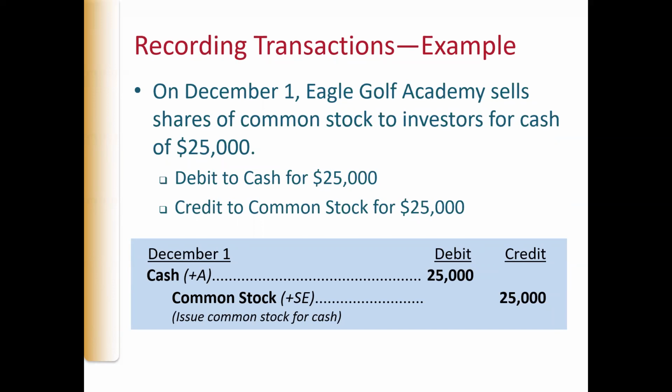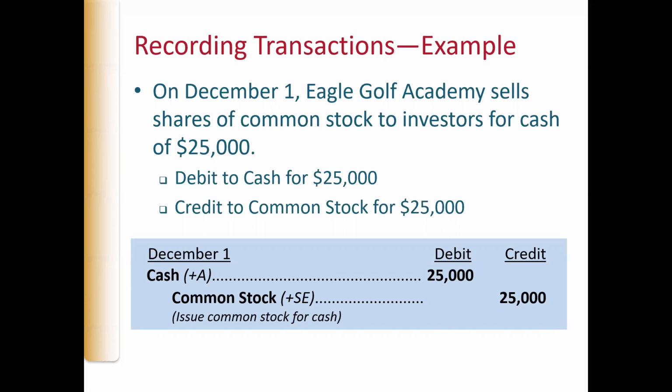I know I'm sounding redundant, but I'm trying to help you think it through, instead of just in your head going, oh, I got to debit it. But why? Cash is an asset, and assets are on the left side of the equation. Left equals debit. We increase cash, that means we debit it.